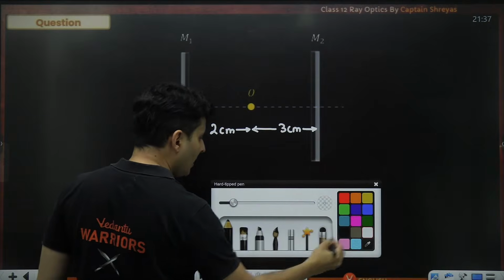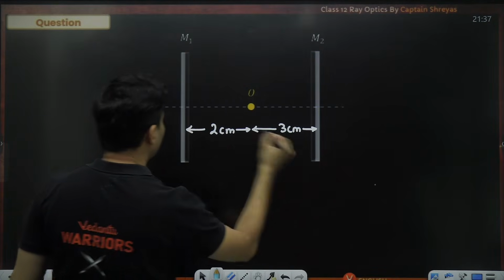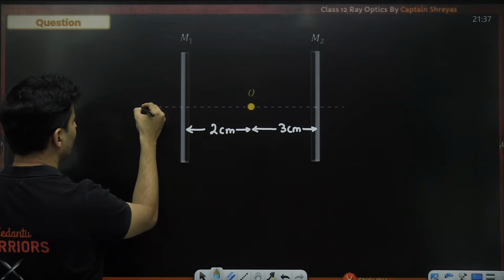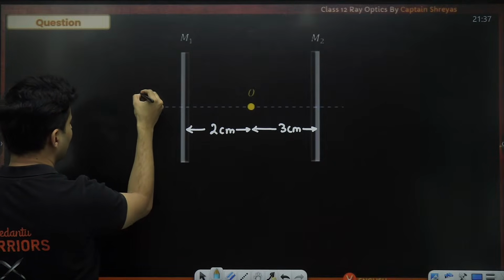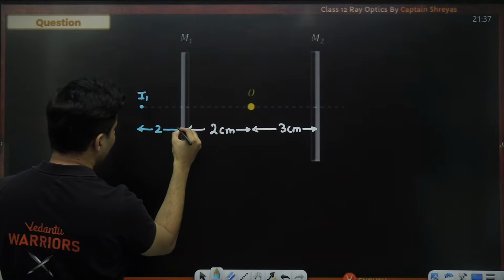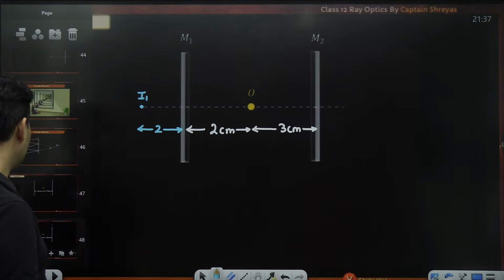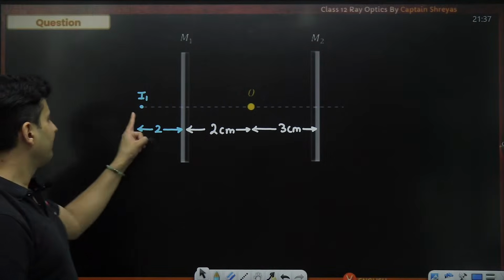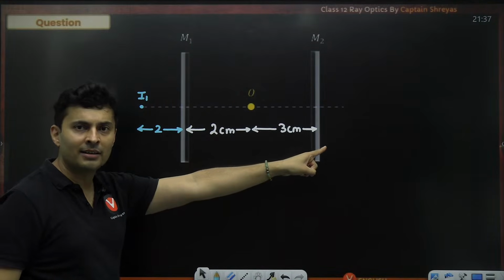If I am 2 centimeters in front of the mirror, the image will be formed obviously 2 centimeters behind. So I1 obviously will be 2 centimeters behind. Okay, this is the first step. Next step, this image will act like an object for this mirror.